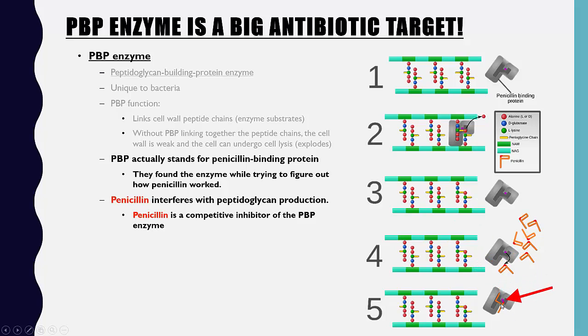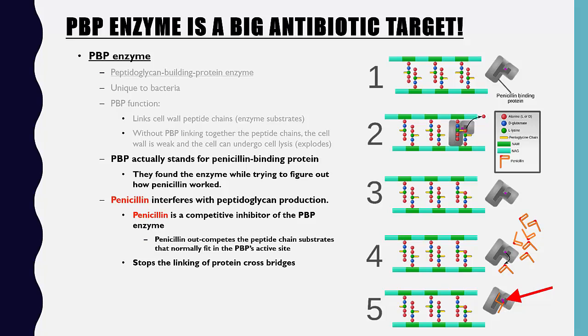And the peptide chains, the normal substrates, then don't fit in the active site. And so this little PBP enzyme in gray can't do its job. And so the peptidoglycan doesn't get its cross links or its cross bridges linked up.